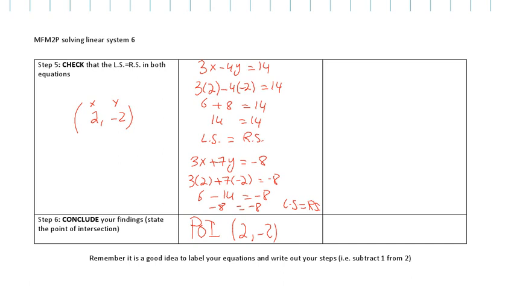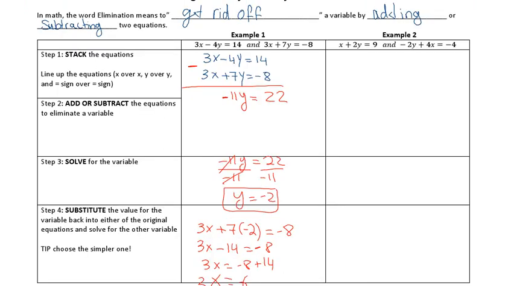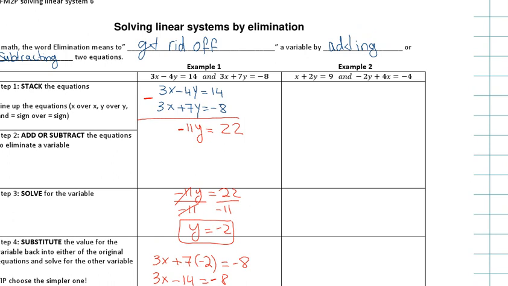So let's go back here. I'm going to write the first one as is. Now, the second one, how would I write it? What is the x term in the second one?